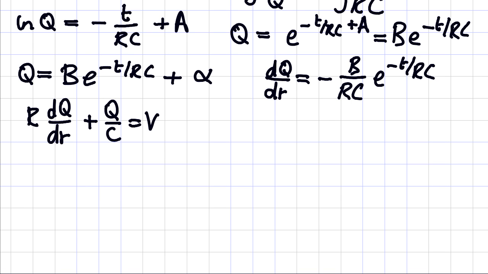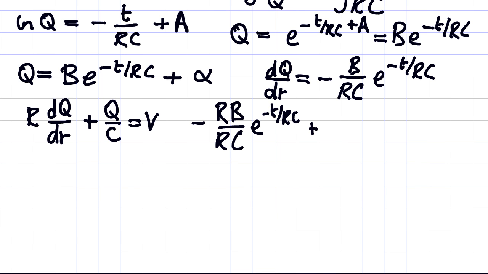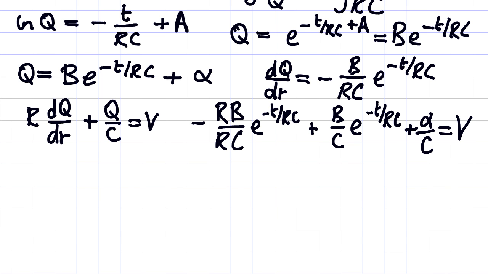So substituting in our expressions for Q and dQ/dt, we get minus R B on RC e to the minus t on RC plus B on C e to the minus t on RC plus alpha over C equals V. In the first term we can cancel the R's, and now we see we can cancel the first two terms.